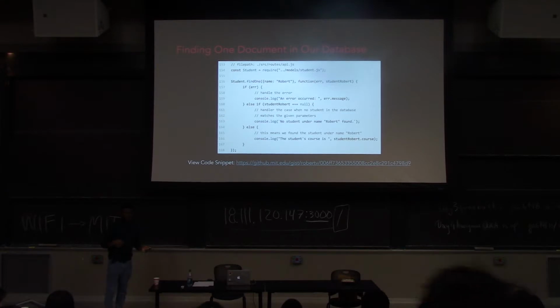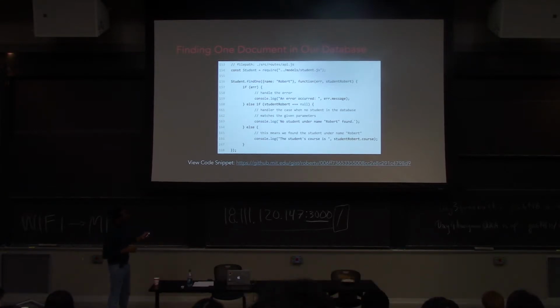And the next thing you want to do is check if the student is null. Remember the triple equal? So you check if your student is null. What does that mean? That means that you might not have an error, but your database might not have anybody named Robert. So that's why you want to check if you actually found that user whose name is Robert in your database.